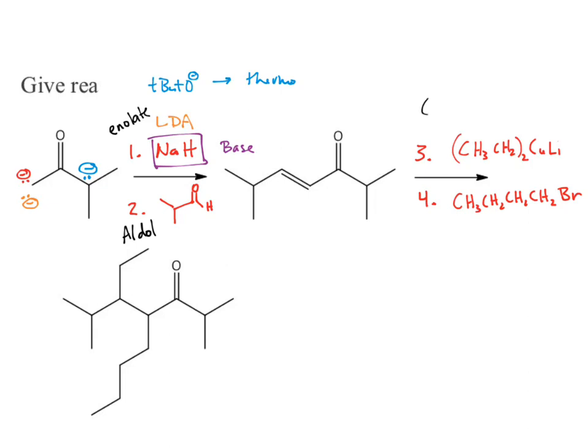That is not the word I was looking for, but that is also correct. Gilman? No, it's the other one. Michael addition technically works with this. It's better to reference it as the Gilman. Michael is more in reference to having enolates as your nucleophile. Okay, but it's kind of a Michael, so we can call it Michael-ish, because we've already started that pattern.